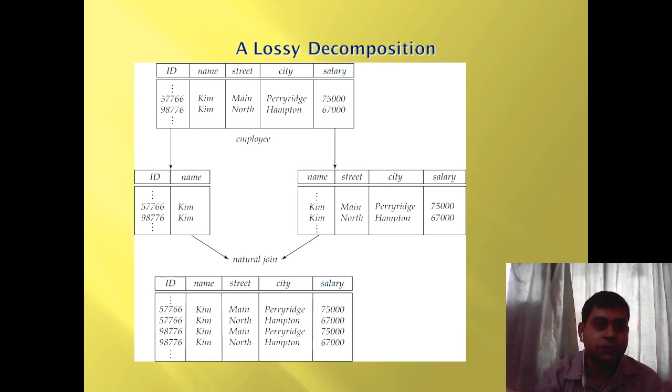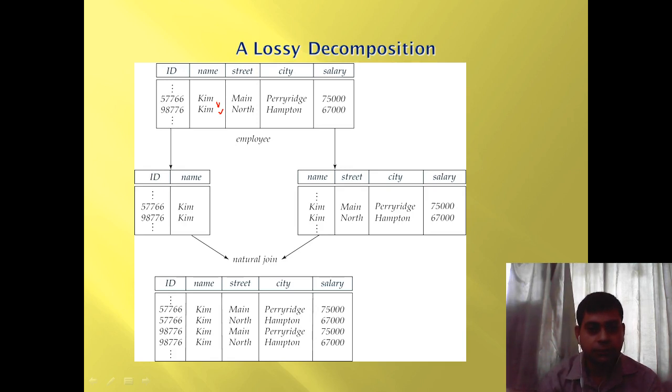So in this example you see Kim is a person whose name is occurring twice, or in this particular snapshot or instance, you see here that employee IDs are different and a different Kim is there with different address and salary. But if we decompose this employee relation into two sub-relations, employee 1 and employee 2, after the natural join we get some unwanted or spurious tuples. What are the spurious tuples here?